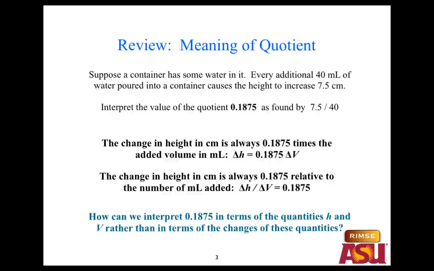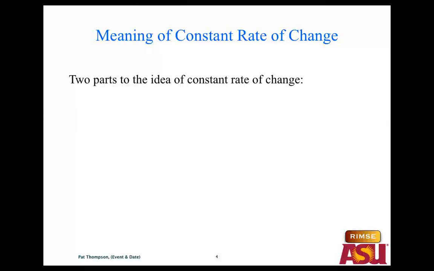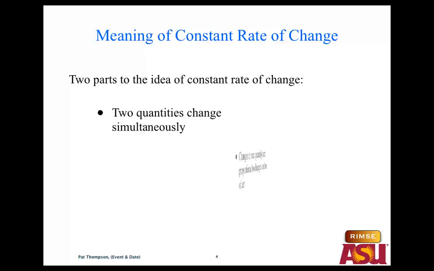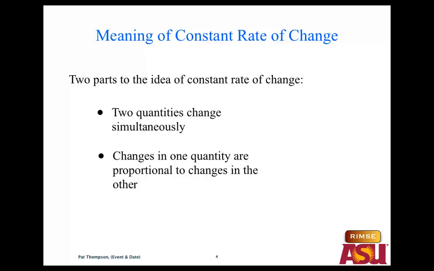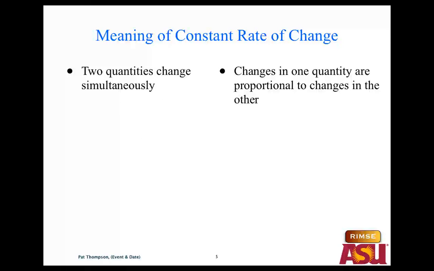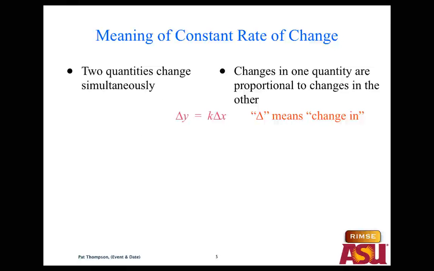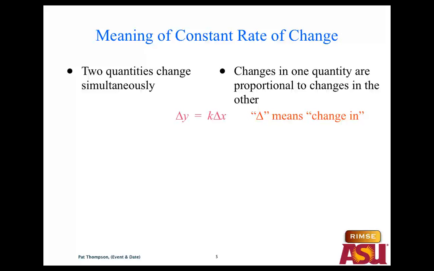That was good. All right, so two parts of the idea of constant rate of change. You've got to have two quantities changing simultaneously, right? And what's the big idea? We went over this in your quiz. Changes in one quantity are proportional to the changes in the other. And if that's true, then our change in y is always a constant multiple of the change in x.